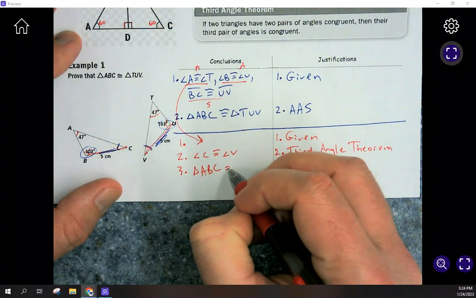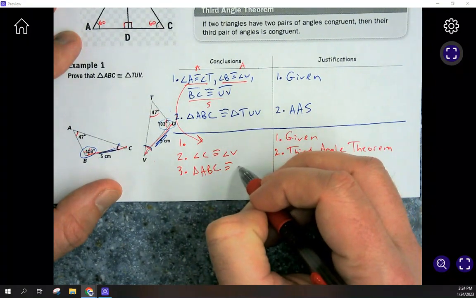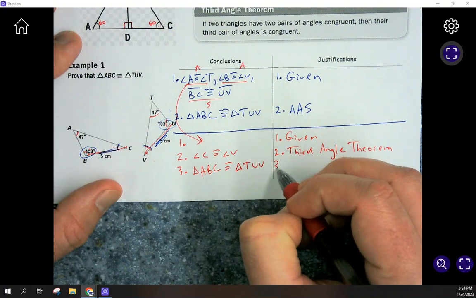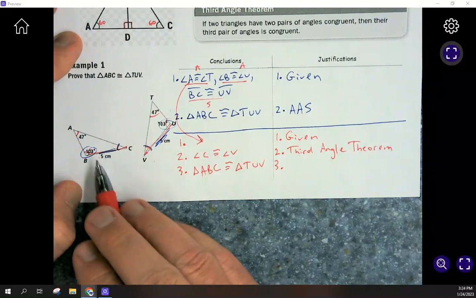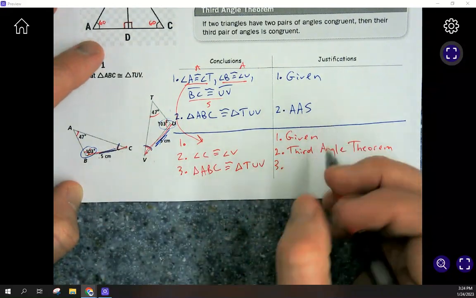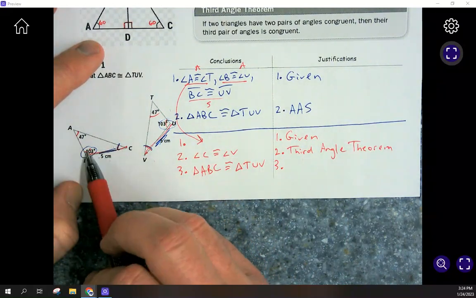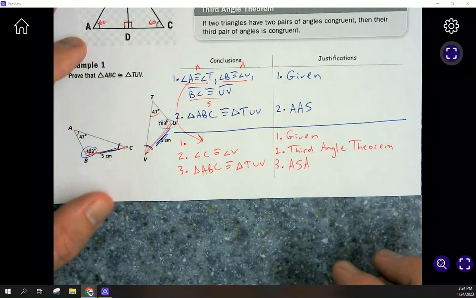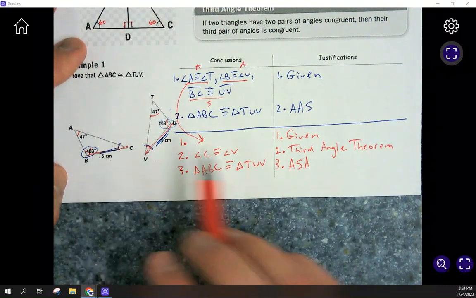So ABC is congruent to, I haven't changed anything, so it would still be TUV. But the way I've proven it now is by SAS. I'm sorry, I just read that backwards. Angle, side, angle. ASA.